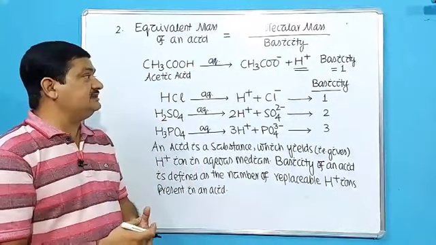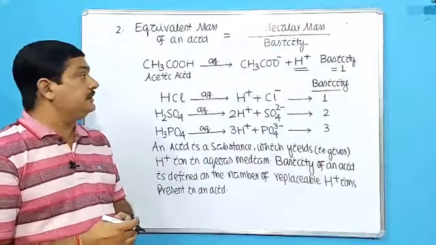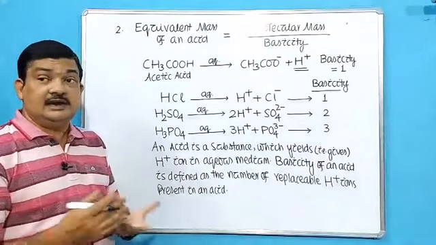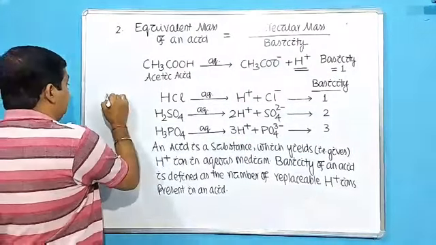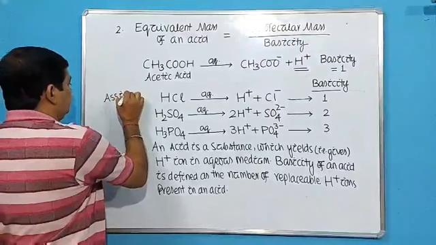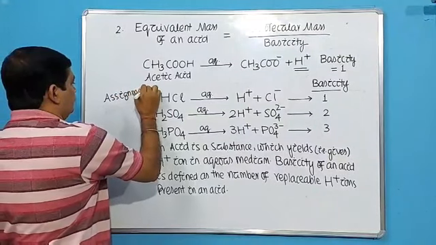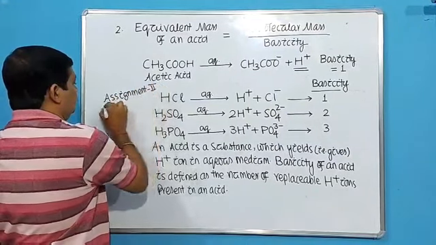Okay. So this is all about the basicity and formula number 2 to calculate the equivalent mass of an acid. Then write down assignment number 2. Assignment 2 for today.